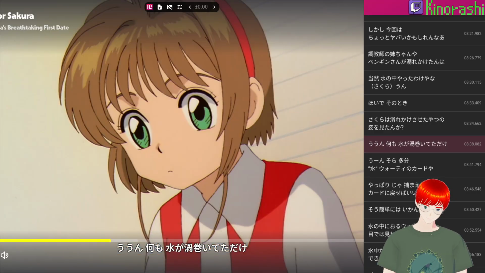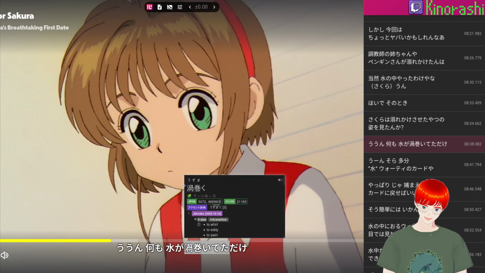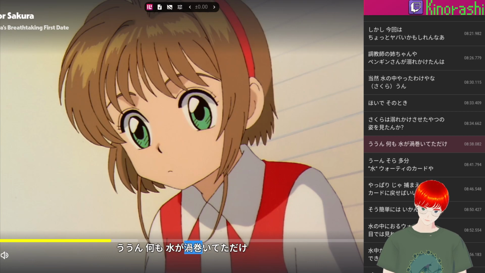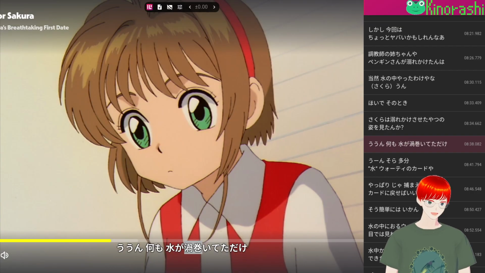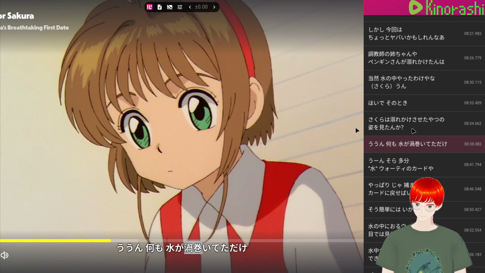Nanimo mizu ga uzumaku. So where's this kanji from actually? Uzumaku. Whirlpool, vortex is the first kanji, and scroll, volume, book, roll up, wind up.